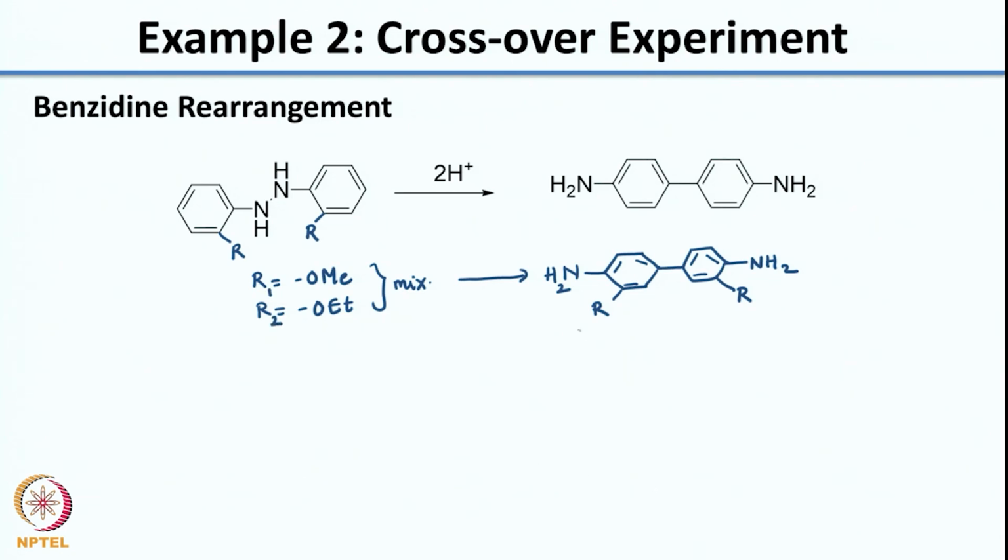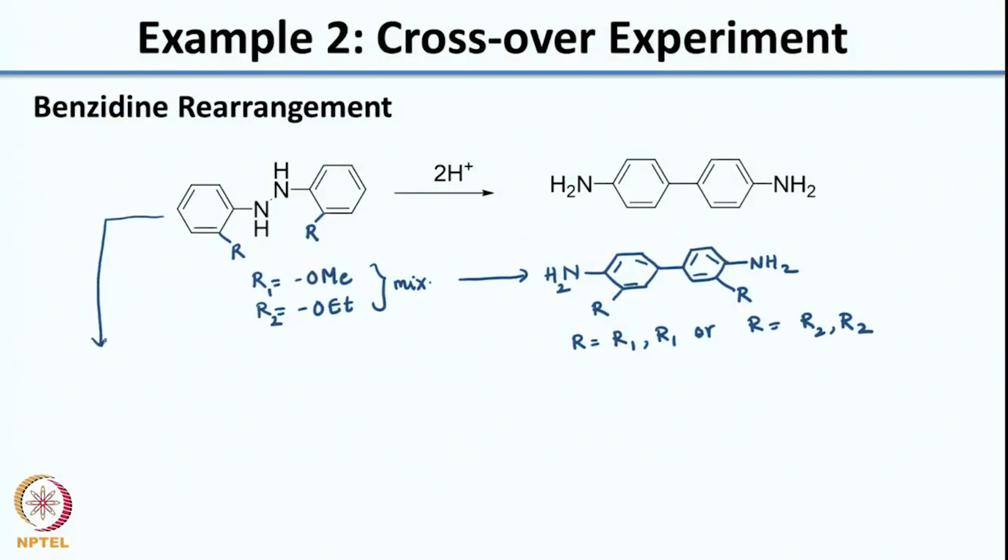The 2 products formed are, so what is seen is that you have either the product where both the R groups are methoxy or both the R groups are ethoxy. You do not see any crossover. So, here again you have an example where it goes via an intramolecular rearrangement and not a fragmentation.